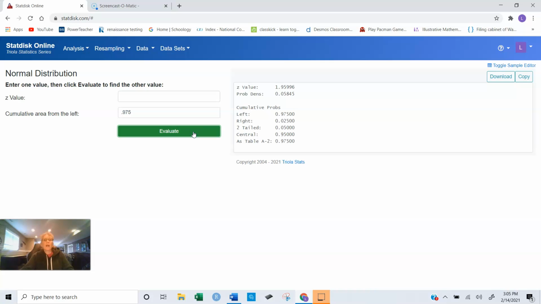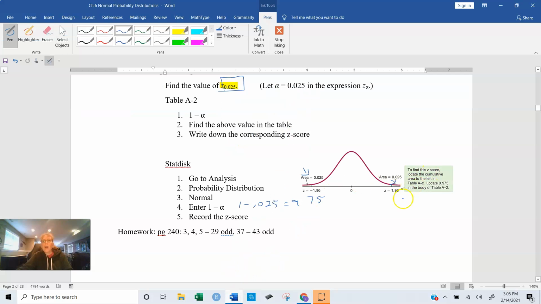Now when we type this into our StatDisk, it's going to give us the area that we need, because now we got 1.95996 when you look at the area of our graph. All of this is represented by that, which gives us the 0.025 over here.